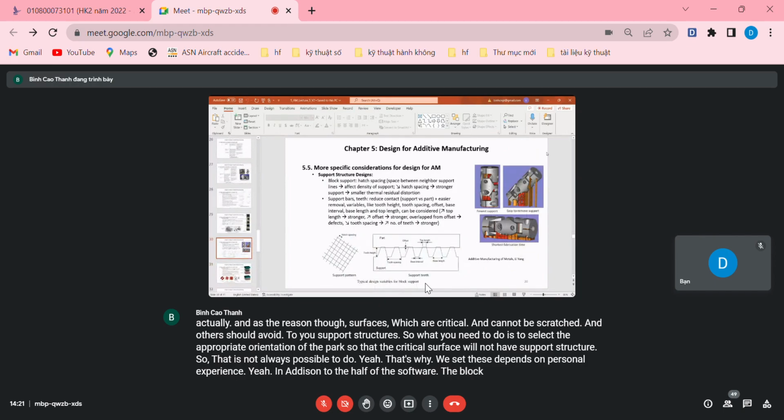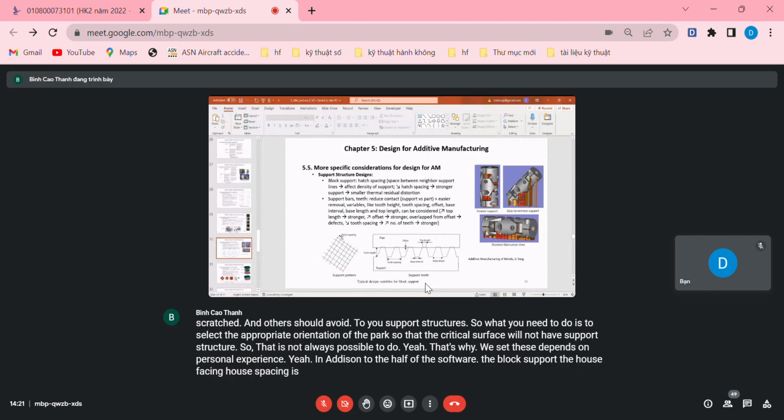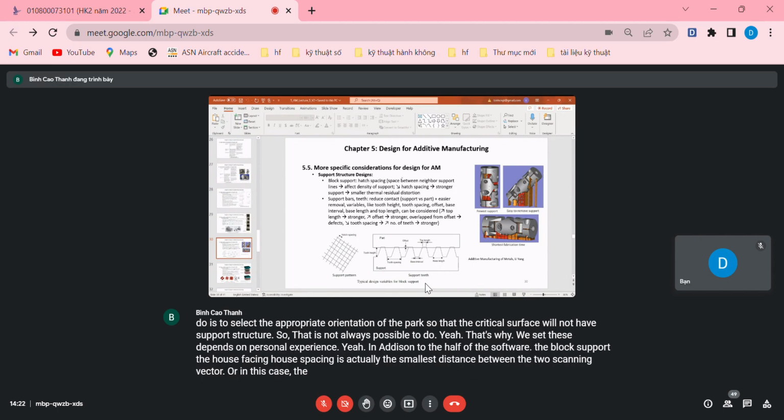The block support hatch spacing. Hatch spacing is actually the smallest distance between the two scanning vectors. Or in this case, the space between the neighbor support lines.